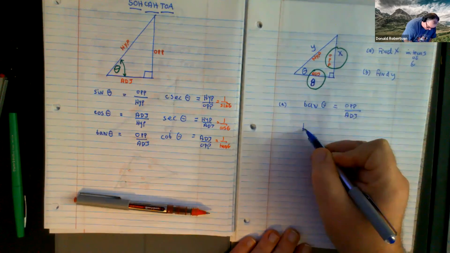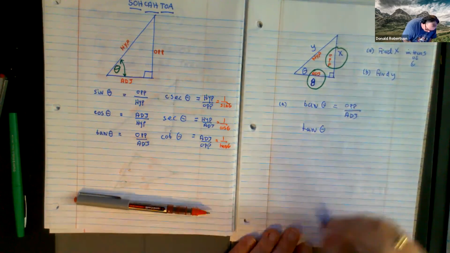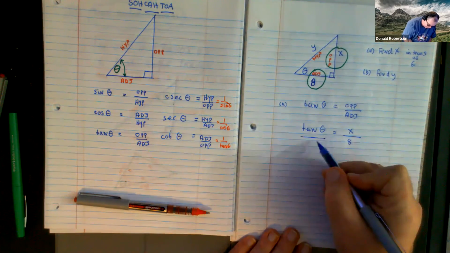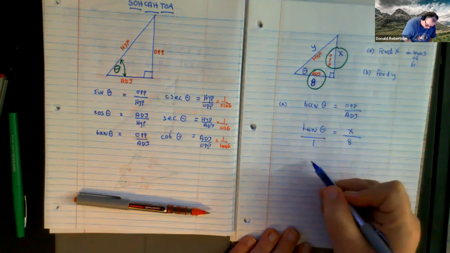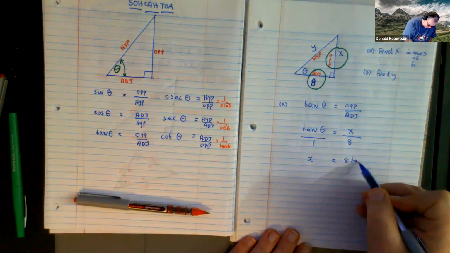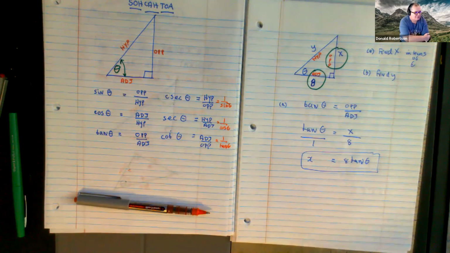In this case, it stays as a theta. Normally that would turn into a number, but not this time. And the opposite over 8. Now, if I do a quick cross multiply, oh, we got the good version, the easy version. Would you agree that x is just 8 tan theta then? And that's what they're asking. Find x in terms of theta.